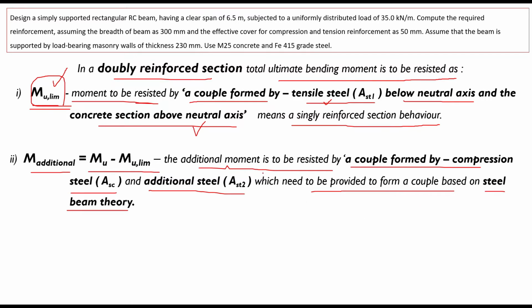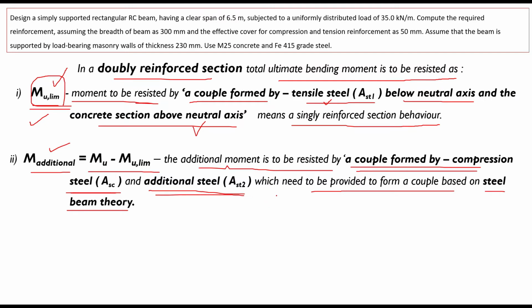So what we want to say here is that some portion of the bending moment will be taken care of by the singly reinforced section, and the additional bending moment which remains will be taken care of by a couple formed by the compression steel. You must be aware that we are providing steel on the compression side, but that steel will not be able to create a moment of resistance if it is not forming a couple. So it will form a couple with some additional steel.